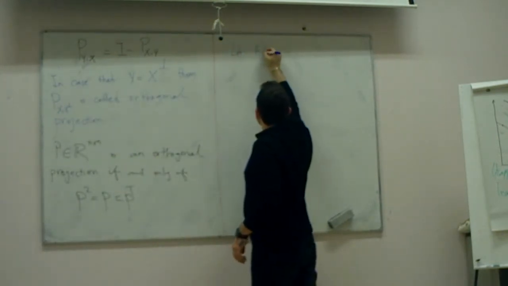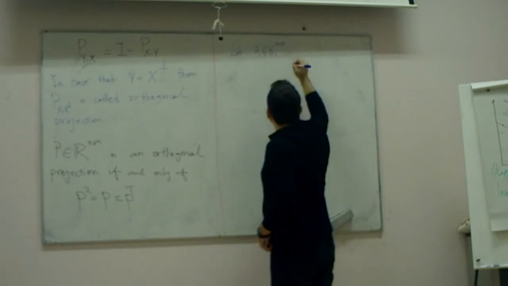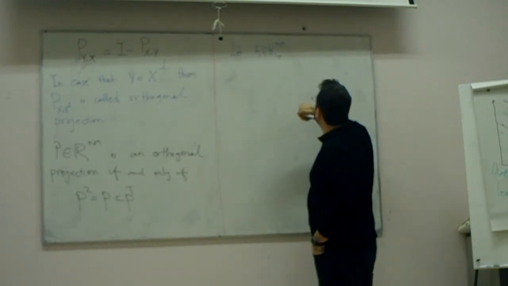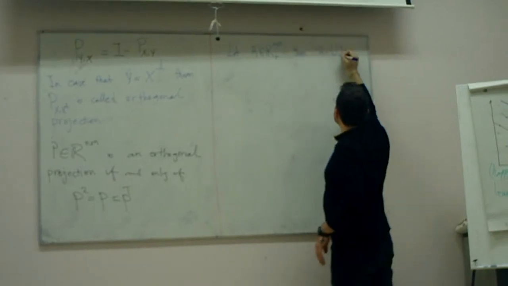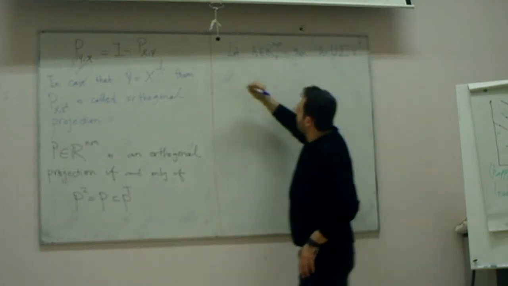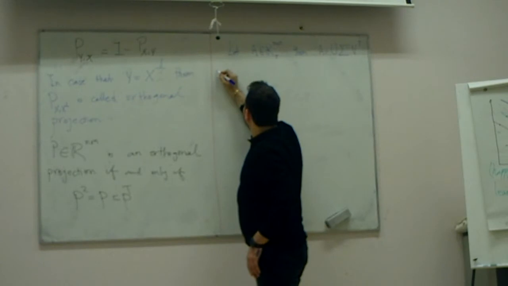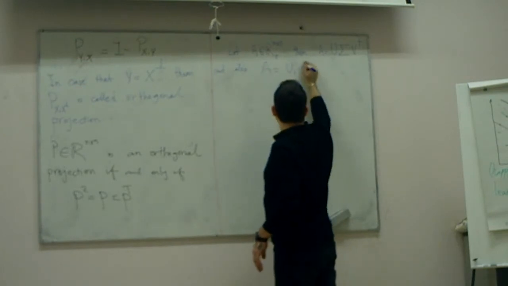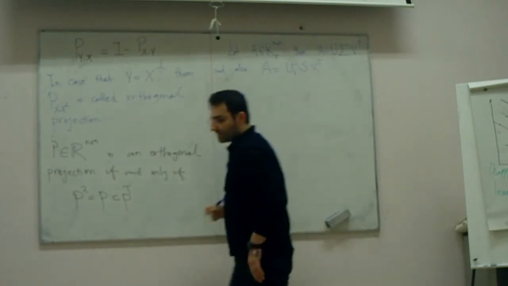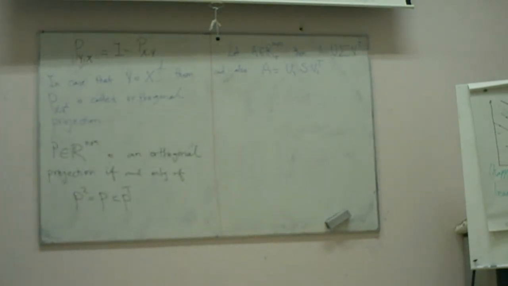Let A be in R m by n, and rank r. Then we know that A can be written as U sigma V transpose, and also it can be written as U1 S V1 transpose. What is the size of U?